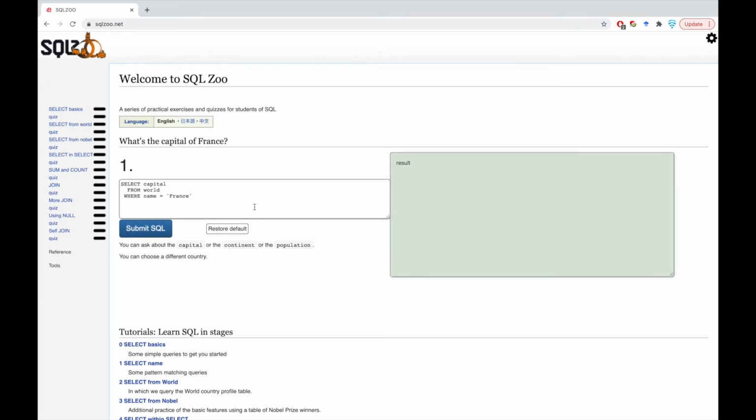In each page, they provide an input text box, and you can type in queries and submit the SQL query. On the right hand side, you can see the returned result to see if your query is correct or if the result matches your expectation. So this is SQL Zone. It can help you practice SQL by yourself after class. If you want to remind yourself about some basic skills on SQL, you can use this site. Okay, let's come back to the slides.